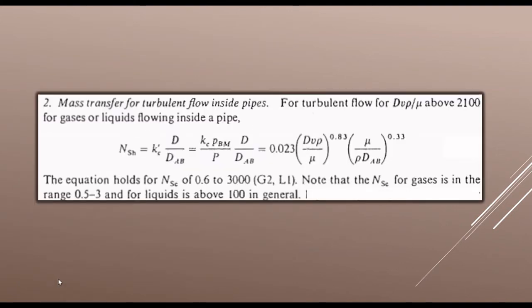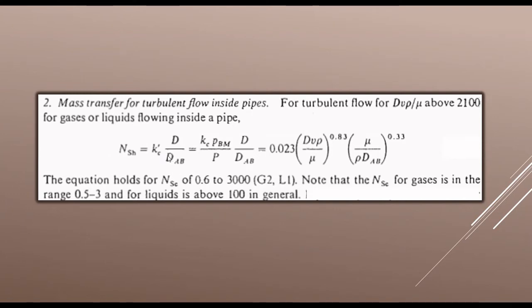Now, that's for laminar flow inside pipes. For turbulent flow inside pipes, meaning your Reynolds number is above 2100, we're still considering gases and liquids. This will be rather the dimensionless number that you're going to use, the Sherwood number.